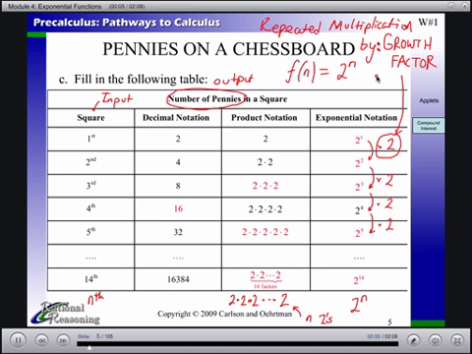Is it multiplication on the input or on the output? To get a new output, the next output. It's multiplication on some current value of output. It's the same growth factor. It will always give you the next output if you were to advance the input by 1. Okay? If you were to advance the input by 1, multiplying by the growth factor gives you the next output.